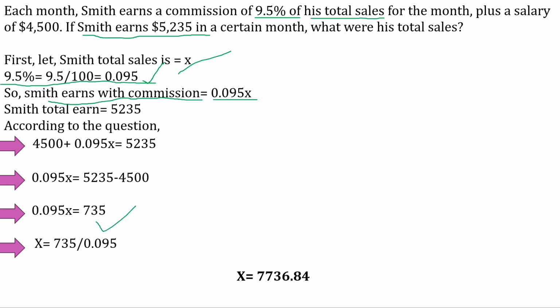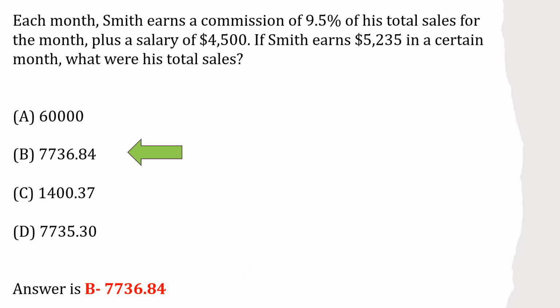If we divide 735 by 0.095, we will get $7,736.84. So actually this is the total sales for the particular month. So our answer is B, 7,736.84, and that is the right answer.